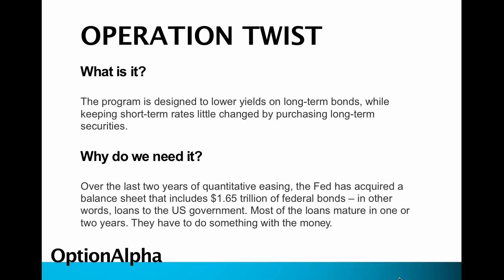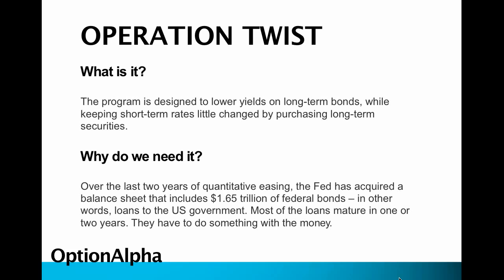Why do we need it? Well, over the last 2 years of quantitative easing, the Fed has acquired a considerable amount of federal bonds. In other words, loans to itself, to the US government. So the Fed has gone out there and deliberately printed money and bought bonds that it now has loans out to the US government. Most of these loans are going to mature in 1 or 2 years, so again, they're mostly shorter term securities.